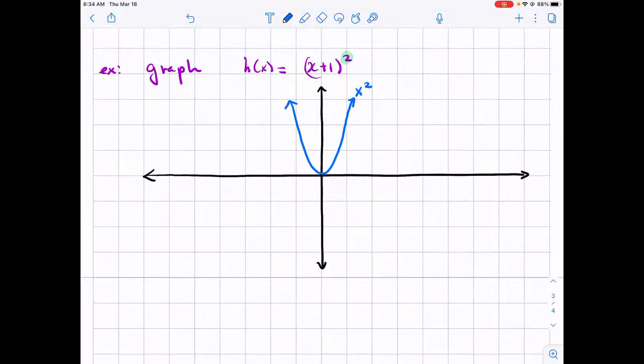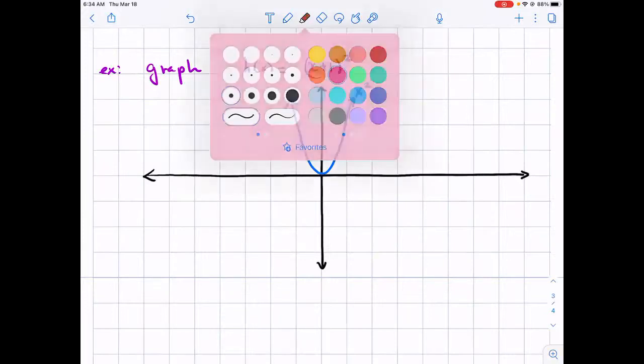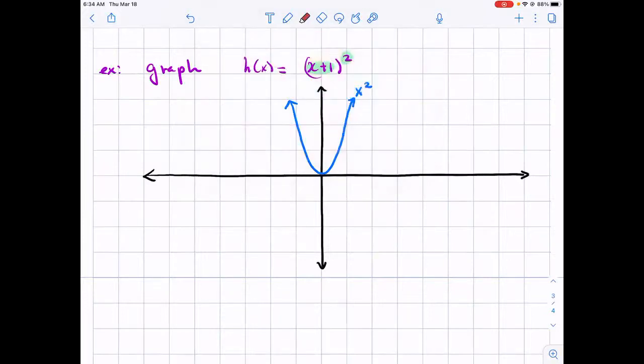But if you have x plus 1 squared, when you sketch this graph, I'm going to put minus 1 all the way out here. You will notice that your graph will now look like this.